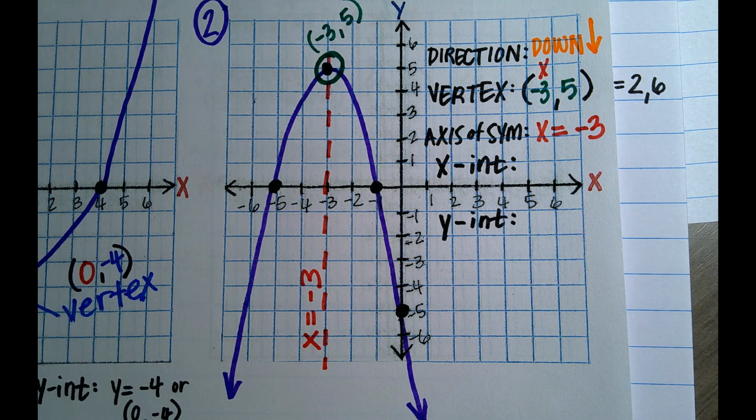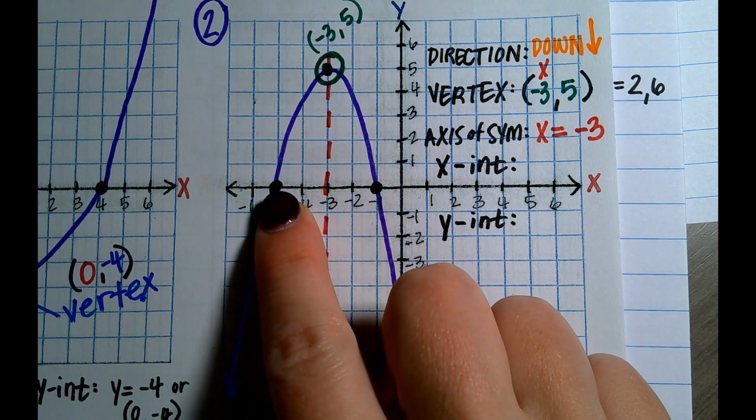Can anybody raise their hand and tell me one or both of the x-intercepts next? Somebody be brave. X-intercepts. Does anybody want to take a shot at that? Jessica? -5, 0.